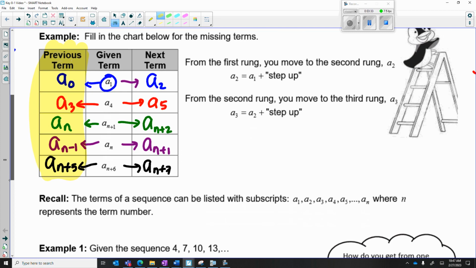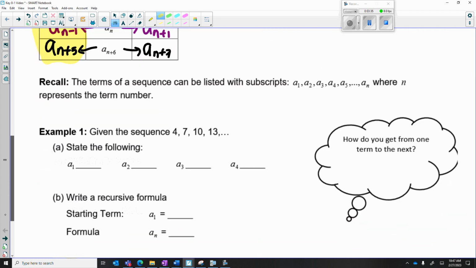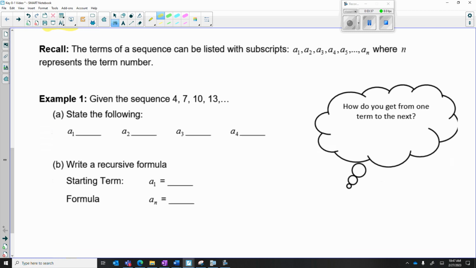Now it says the terms of a sequence are listed by subscripts A1, A2, A3, A4, etc. Example 1, here they are. Let's first state A1. A1 is 4. A2 is 7. A3 is 10. And A4 is 13.